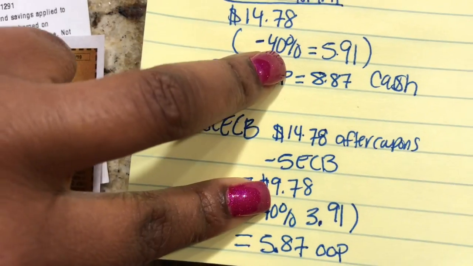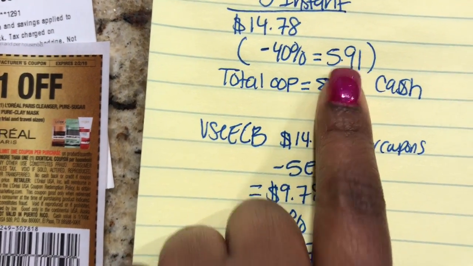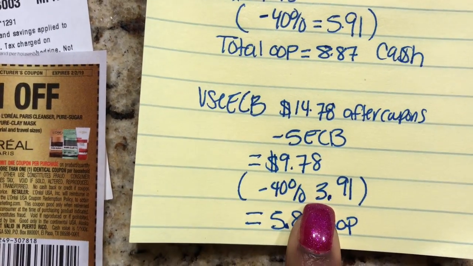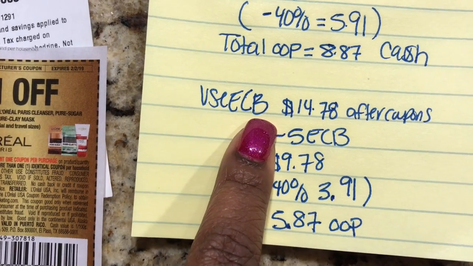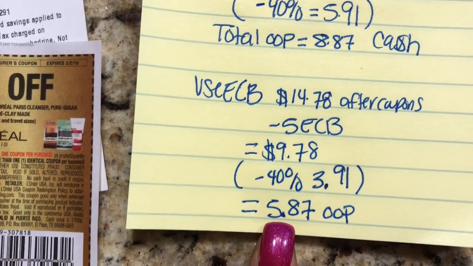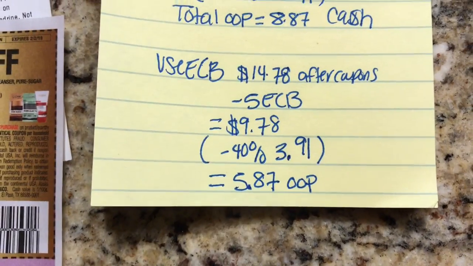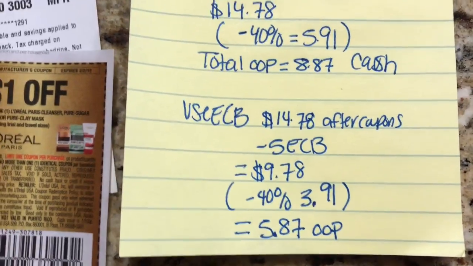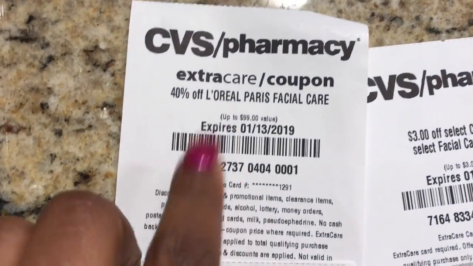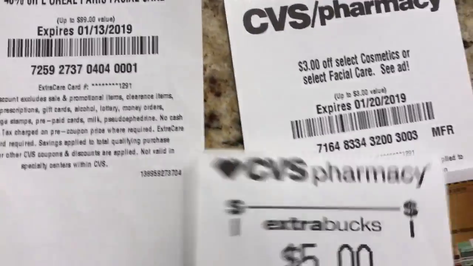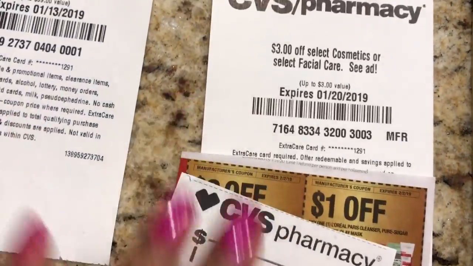Do you see the difference of how you get $5.91 off versus $3.91 off when you use the extra buck? So then you're going to pay $5.87 out of pocket, cash or debit card. Okay? I hope that makes sense. Whenever you have a 40% off coupon, all your other coupons and extra bucks come off first.